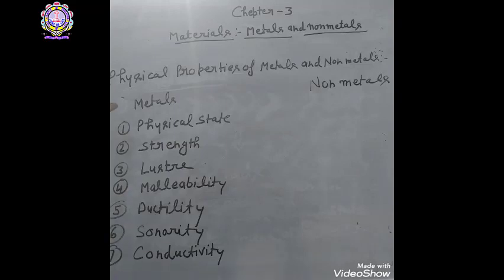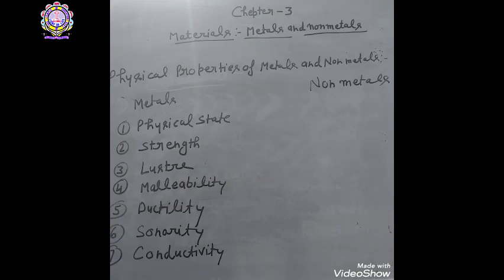So, I will discuss some properties by which we identify what are metals and what are non-metals. The first point is the physical state. Physical state is the condition in which an element is found at room temperature.